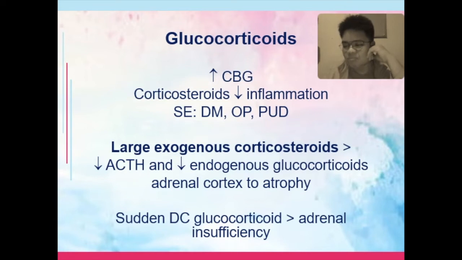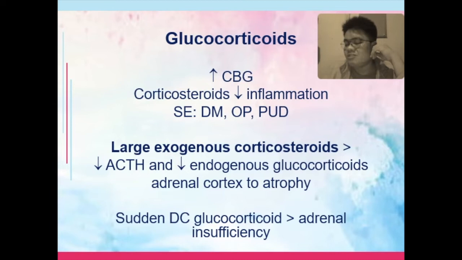Now, common steroids that we give to our patient: you have your prednisone, you have your hydrocortisone, you have your dexamethasone, and so on. Once this glucocorticoid is suddenly discontinued, it would result in adrenal insufficiency. That's why we always repeat in pharmacology that whenever your patient is on prednisone, whenever your patient is on steroids, we taper the doses gradually.